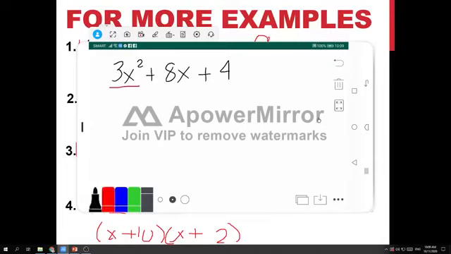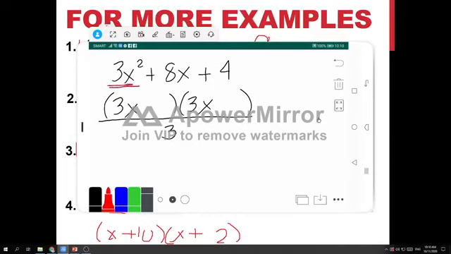So, meaning, I'm going to be having, you write 3x over 3. If this is 5x squared, I'm going to be having 5x over 5. If this is 7x squared, I'm going to be having 7x over 7.